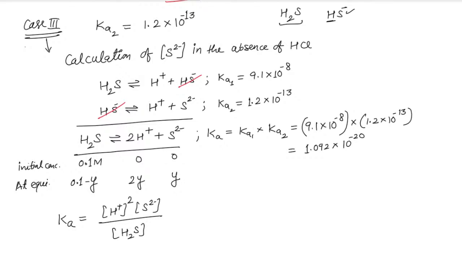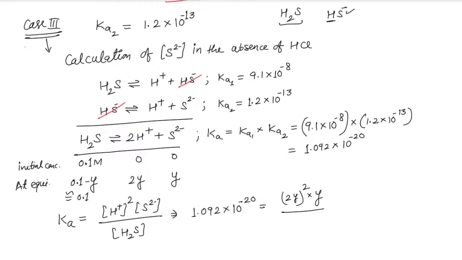So 1.092 into 10 raised to power minus 20 is equal to 2y whole square into y divided by 0.1 minus y, that is equal to 0.1 only, because y is very less.